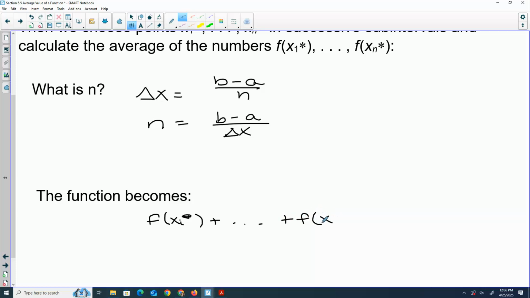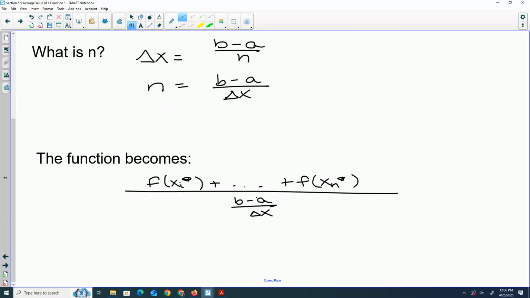Right, and we know we have to add up this n number of rectangles as the number of rectangles goes to infinity. And we divide by b minus a over change in x. But we said the top is really a sum from 1 to n of my f of x sub i's.